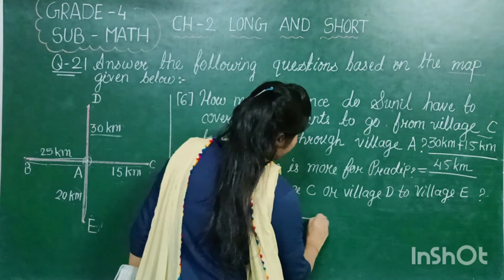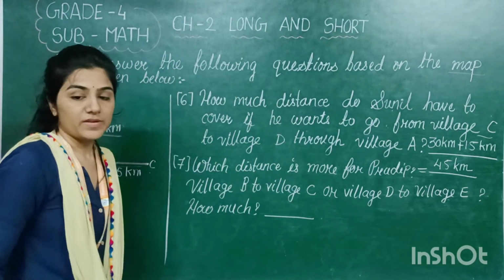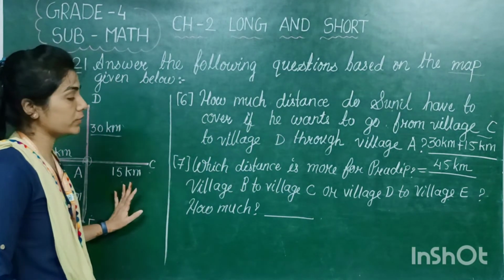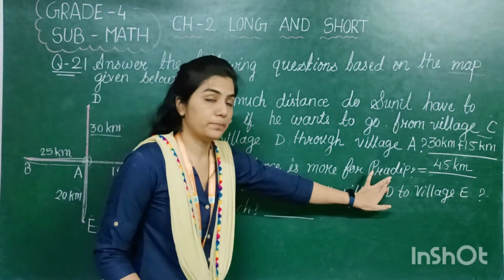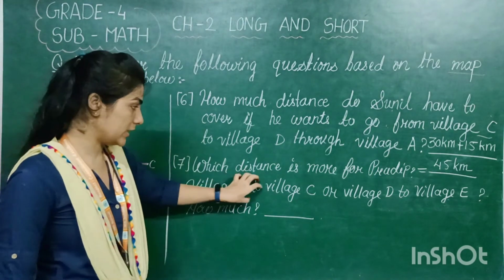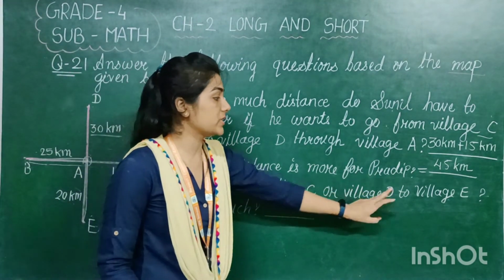See what we have to find in this last question. First of all, we have to read the question very carefully. Which distance is more for Pradeep? Village B to village C or village D to village E?